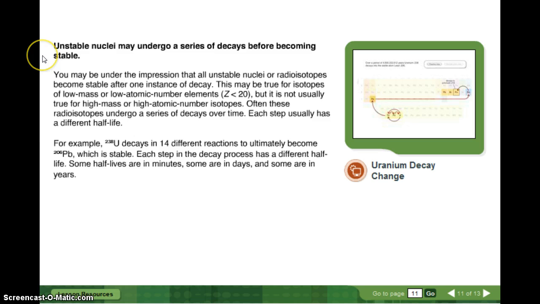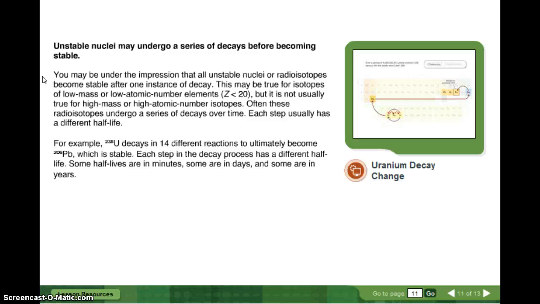All right. Unstable nuclei may undergo a series of decays before becoming stable. You may be under the impression that all radioisotopes become stable after one instance of decay. This may be true for isotopes of low mass or low atomic number elements, so atomic number less than 20, but it is usually not true for high mass or high atomic number isotopes.